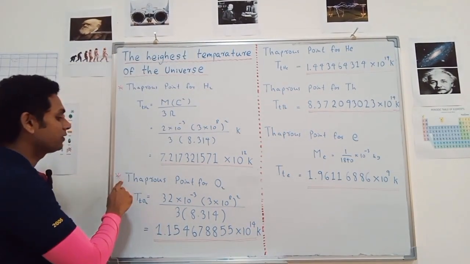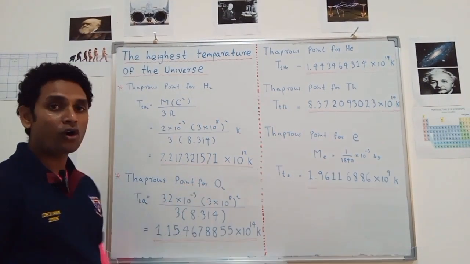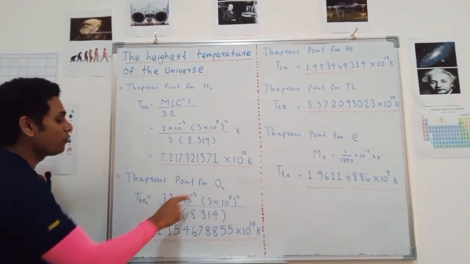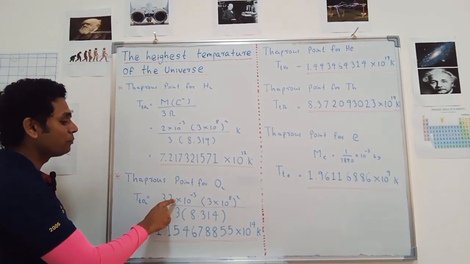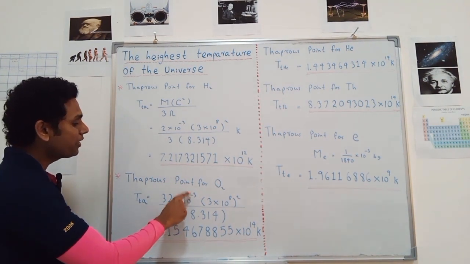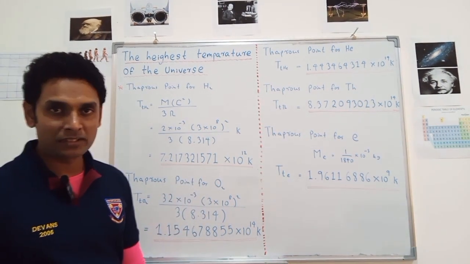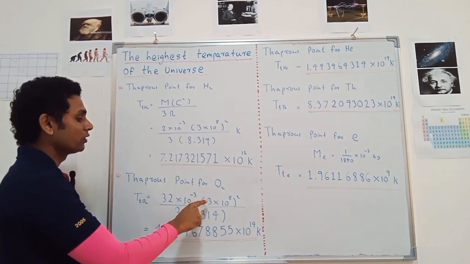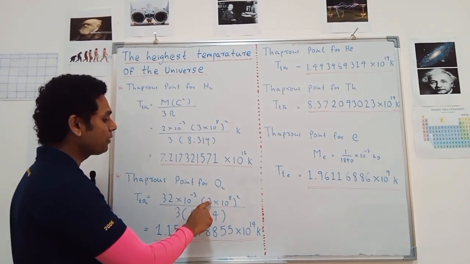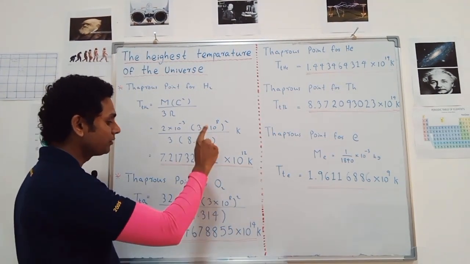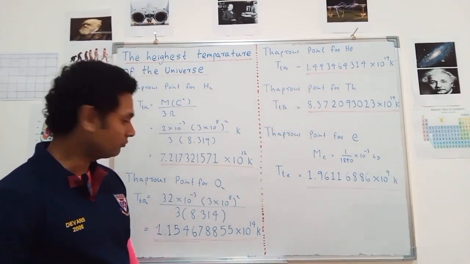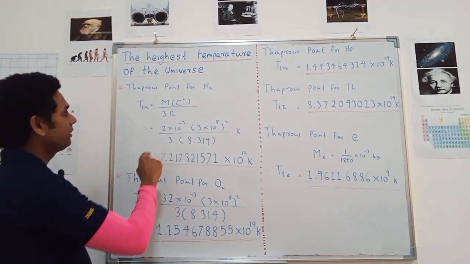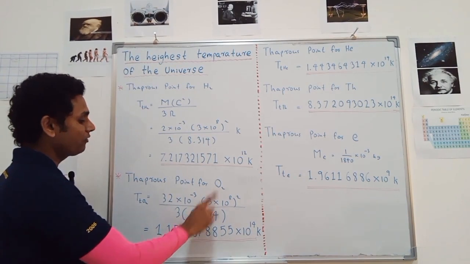Now the temperature point for oxygen, O2. The molar mass is 32 multiplied by 10 to the power minus 3 kilograms per mole. The speed of light is the same, 3 multiplied by 10 to the power 8, squared, divided by 3 times R, where R is 8.314.